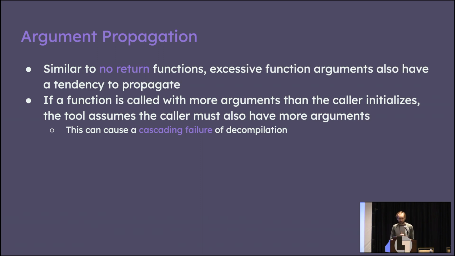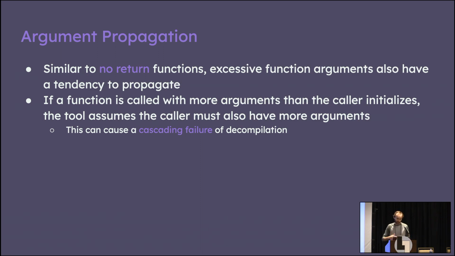This is a little more complicated. Imagine you've got a function that takes 2 arguments, but you're convincing the decompiler that it takes 100, and some function calls that function. It's only going to initialize 2 of those arguments. You've got 98 of them that are uninitialized. So the decompiler has to make the decision of where those other 98 arguments came from. Without any information in the function, the only assumption it can really make is that those 98 arguments must have been arguments to my function.